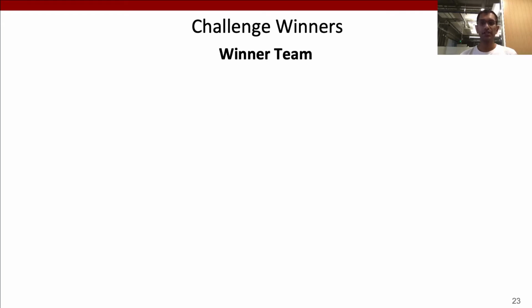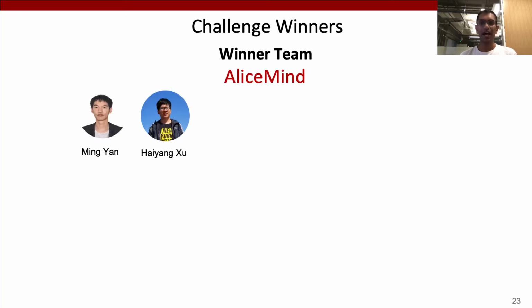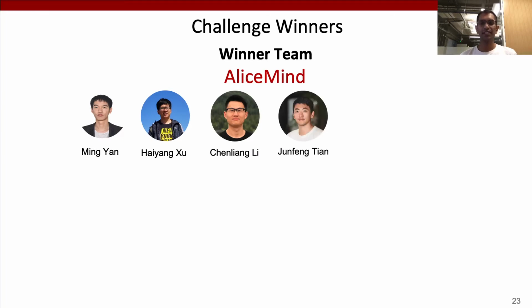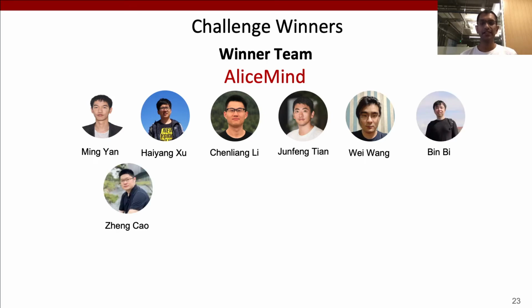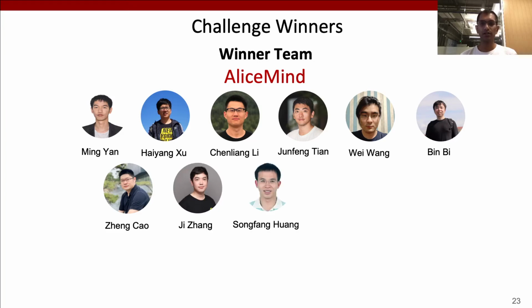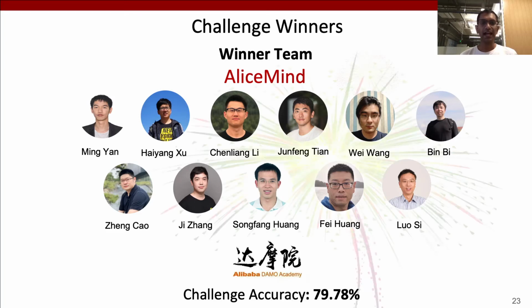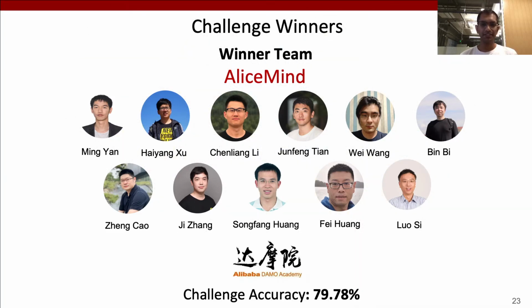So the winner team for this year's VQA challenge is AliceMind, and the team members are Ming Yan, Haiyang Xu, Chenliang Li, Junfeng Tian, Wei Wang, Bin Bi, Zheng Cao, Ji Zhang, Songfang Huang, Fei Huang, and Luo Si, and their accuracy on the test challenge split is 79.78.